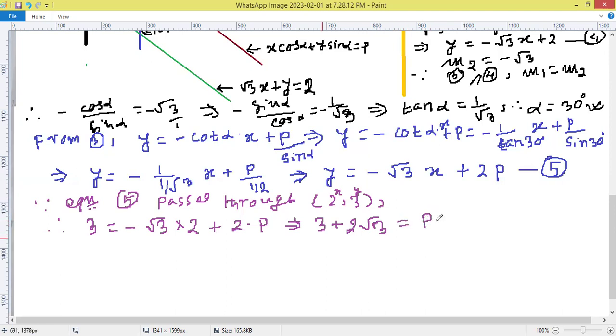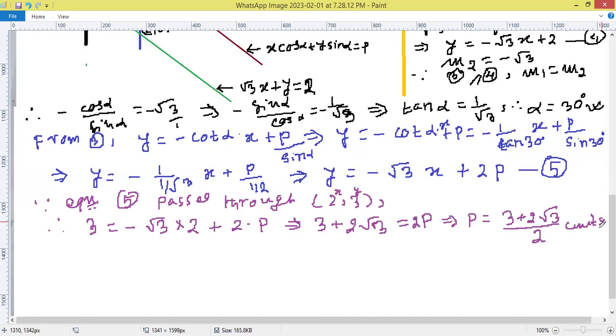All right, so we have got the value of p, in fact not only p, there is 2 also. You should not miss out the number, you have to take care here. So it is 3 plus 2 root 3, and as 2 is multiplied here, when you cross multiply to the left side, it goes in the denominator, 2. And you can say these many units.